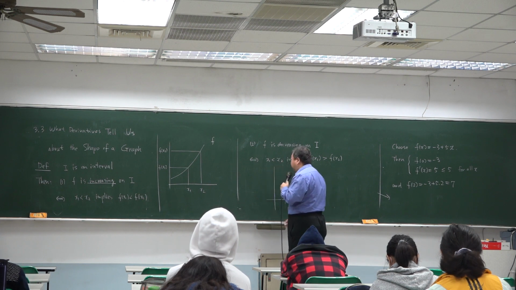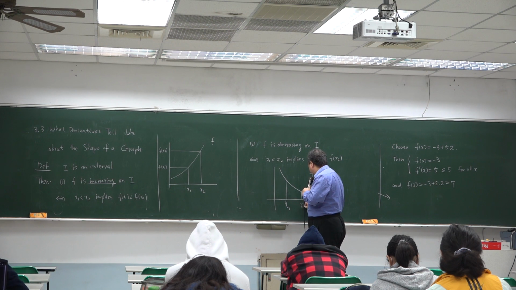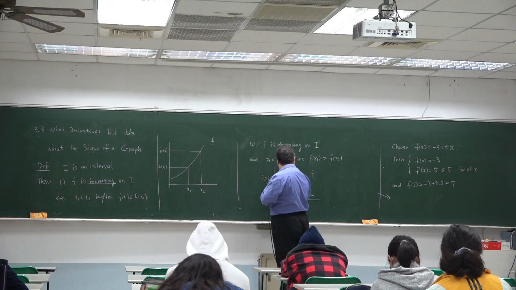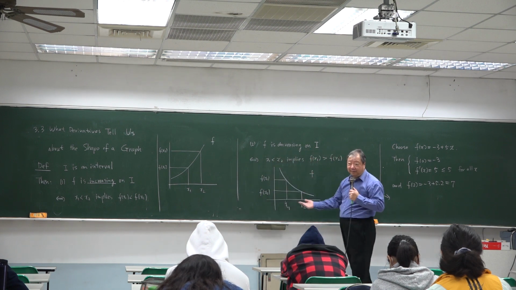Geometrically or graphically, if x1 is less than x2, meaning x1 is on the left of x2, then f(x1) is higher than f(x2).